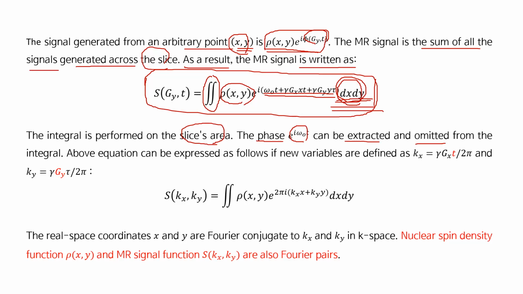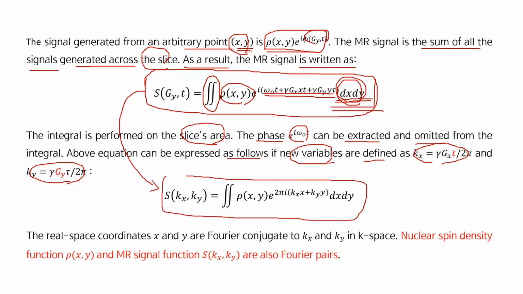The above equation can be expressed as follows if new variables are defined as kx and ky. Then we can write this equation like this in terms of kx and ky.